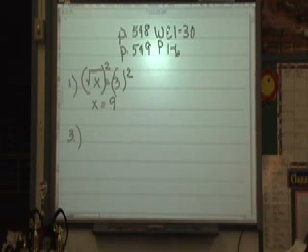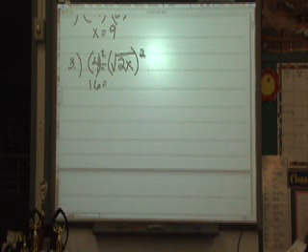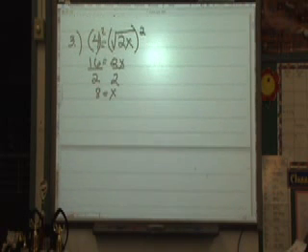Problem number 3, 4 equals the square root of 2x. The radical is by itself, so square both sides. And we get 16 equals 2x. Divide by 2, 8 equals x. If we put that back, 2 times 8 is 16, and that makes 4 when we take its square root.